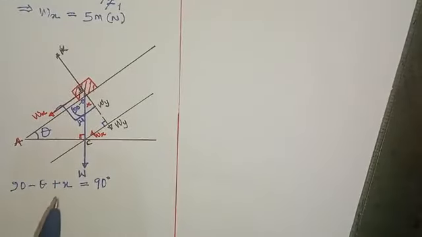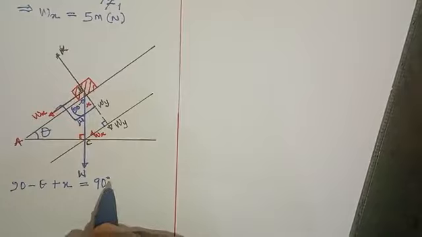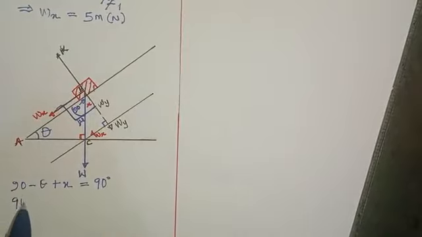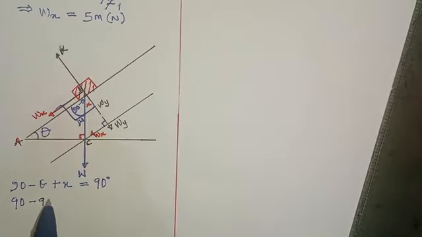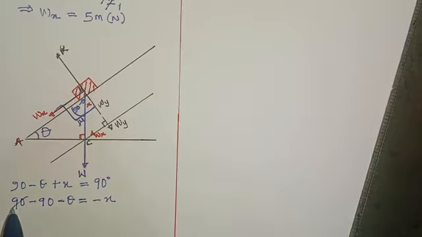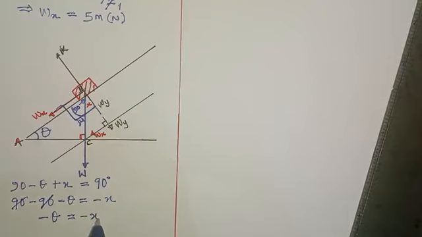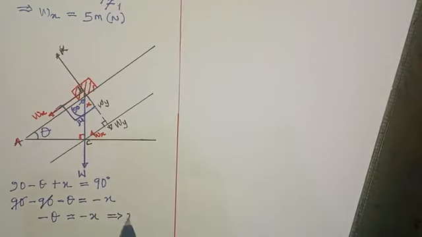Good. So if that is the case, if I bring this one to this side, I have 90 minus 90, minus theta, is equal to minus x. And this positive 90 will take away a negative 90. I'll be left with negative theta equal to negative x, which implies that x is equal to theta.